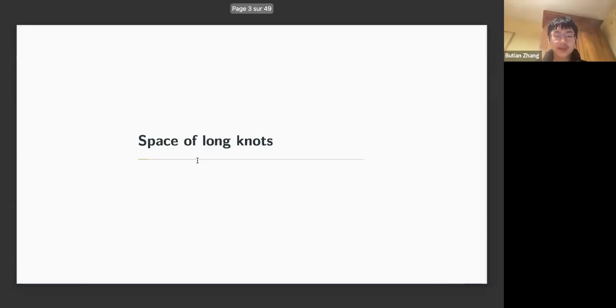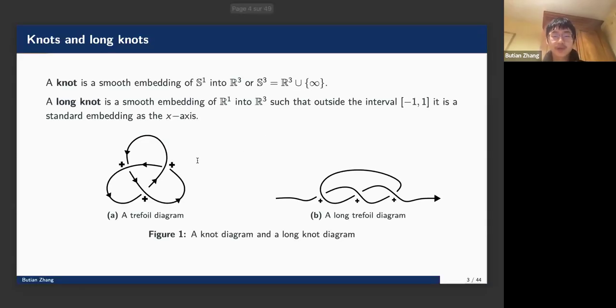The space of long knots. Let's recall the definition of long knots. Compared to the traditional knot, which is the embedding of S1 in R3 or S3, the long knot is the smooth embedding of R1 into R3, such that it can only be knotted at the unit interval -1 to 1, and the other part of this embedding just coincides with the standard embedding of the x-axis in R3.